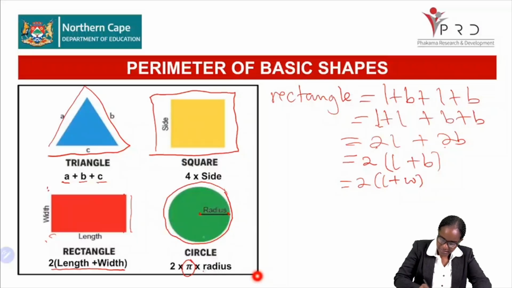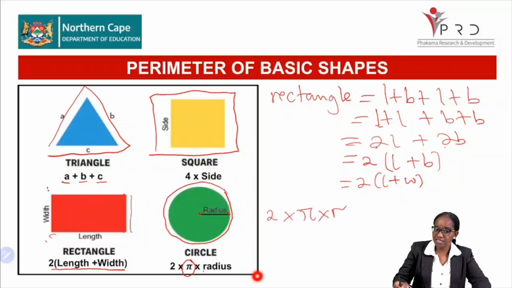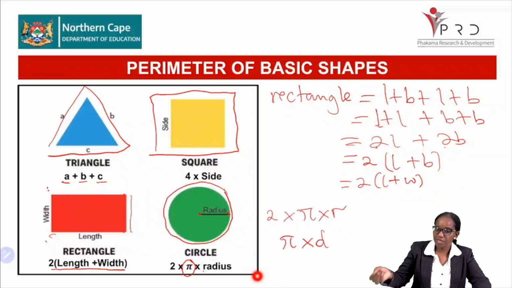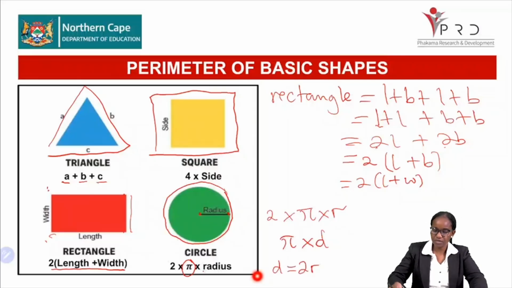So the perimeter of a circle is 2 times this special constant, pi, times the radius. Others may say the perimeter is pi times diameter. Why? Because diameter is equal to 2 times the radius. So that's it on the perimeter.